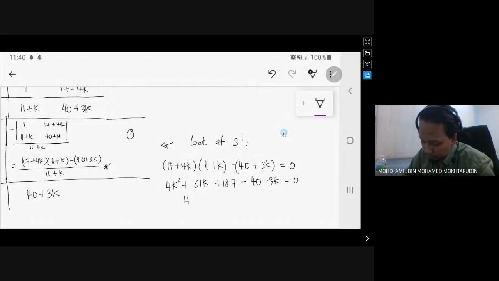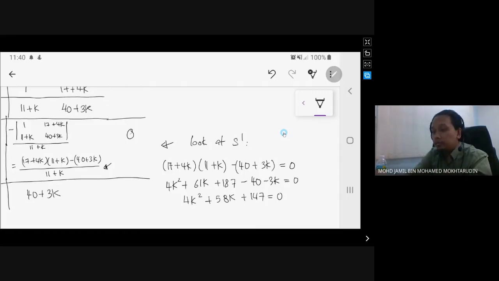Arrange again. Okay, and then you try to find k. You want a positive value of k.